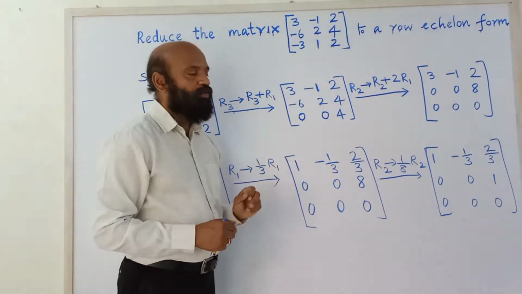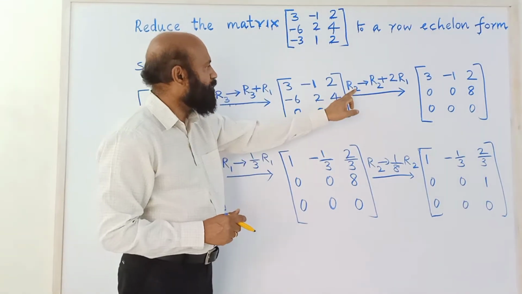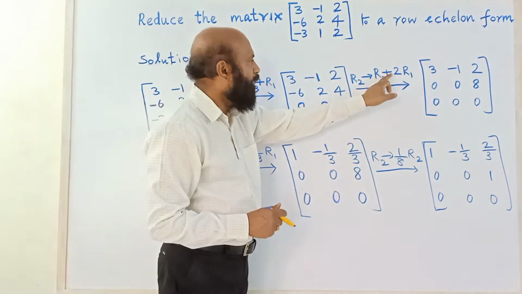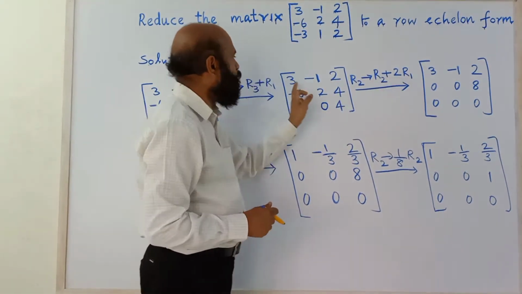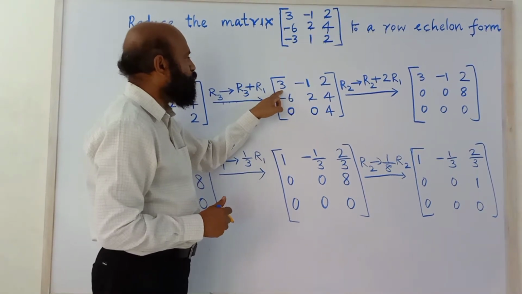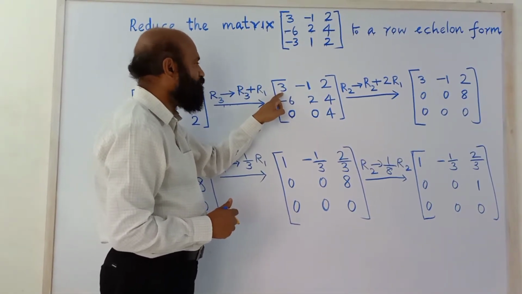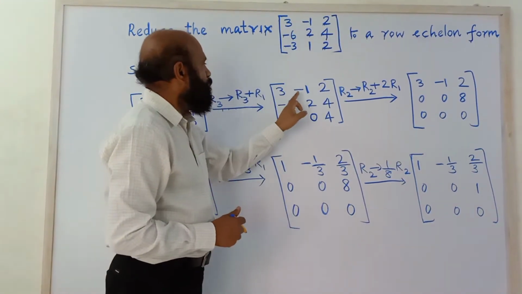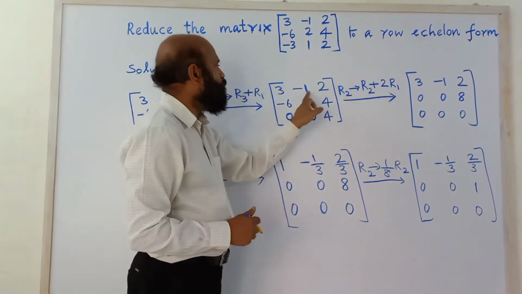So again you use elementary transformation. Second row is replaced by adding 2 times of R1 to the second row. So you multiply this number by 2. 3 into 2, 6, minus 6 plus 6. So it will be 0. Multiply this number by 2.